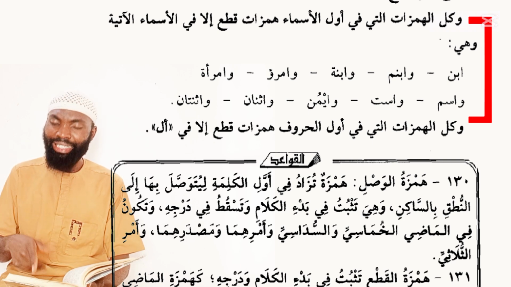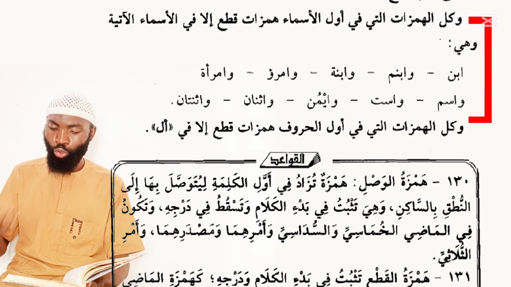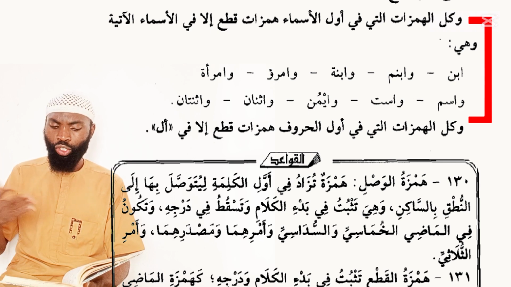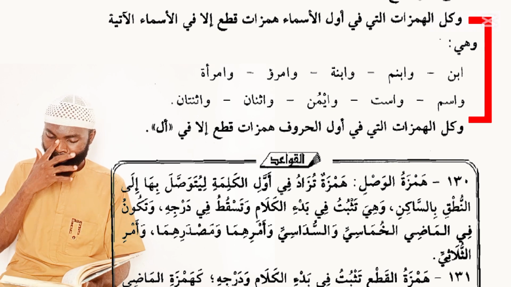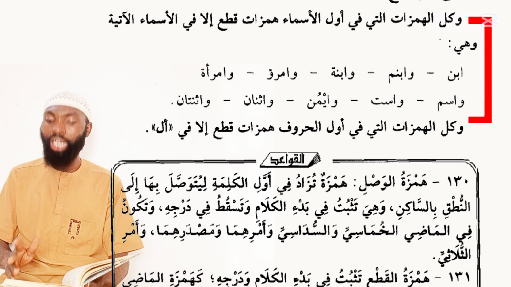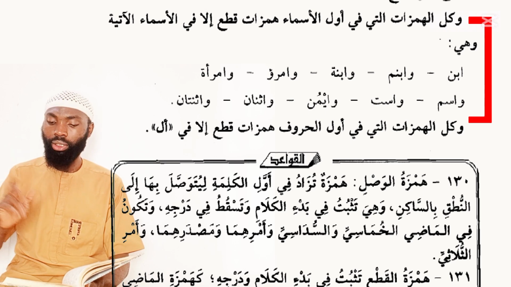These names are: ibnun, wabnum, wabnatun, wamru'un, wamra'atun, wasmun, wastun, waymunun, wathnani, wathnatani. Except in these places, all of the other hamzas appearing in nouns usually appear as hamzatul qata'.